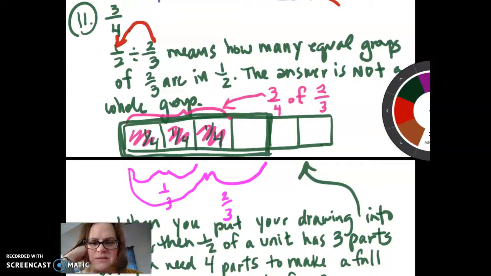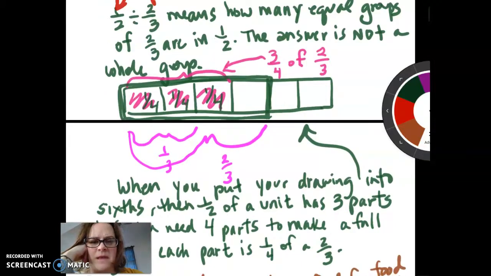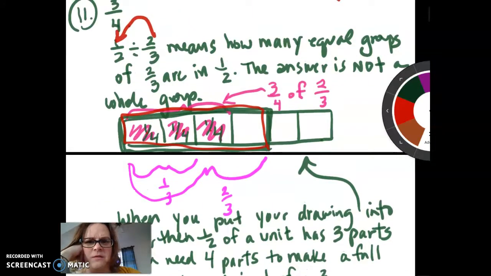The reason this is a hard one to think through and visualize is because, of course, 2/3 is bigger than a half. So it's not even going to be a whole piece. And so when you make a drawing, I used a strip diagram this time, I'm indicating the whole strip is the whole, but this chunk right here is the 2/3 of the whole, and then that partitioned into 4 pieces means that each of these is a fourth of the 2/3, and so 3/4 of the 2/3 is what I have colored in right here.